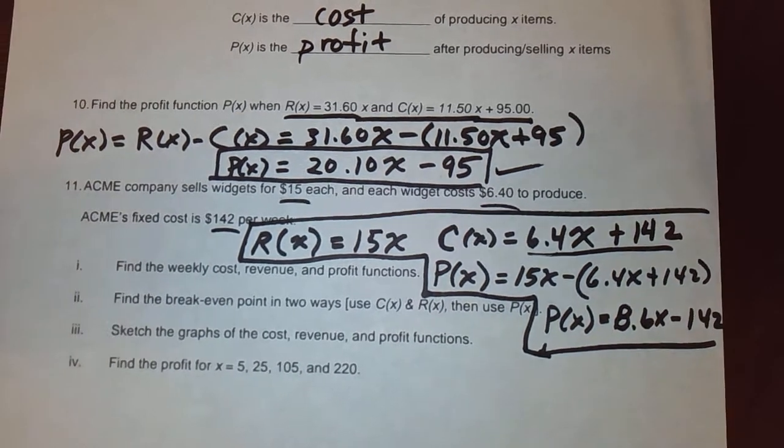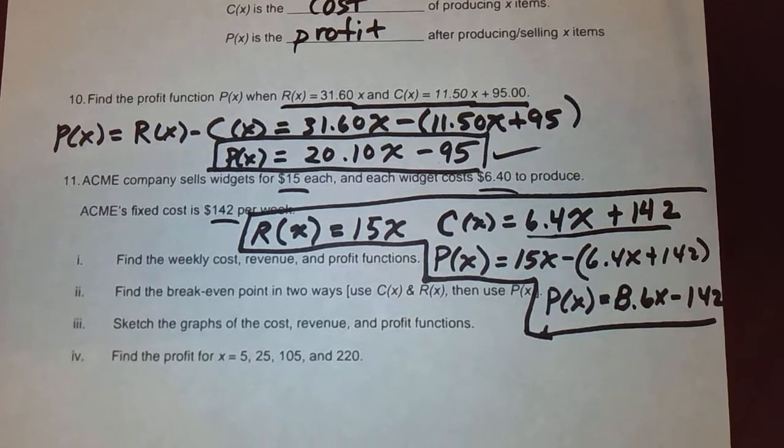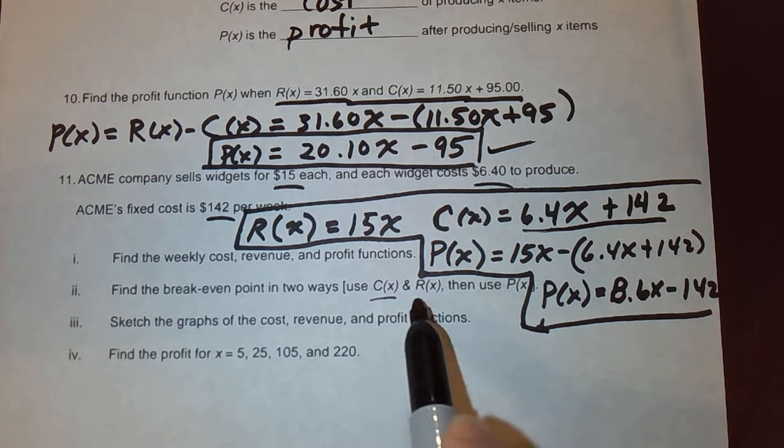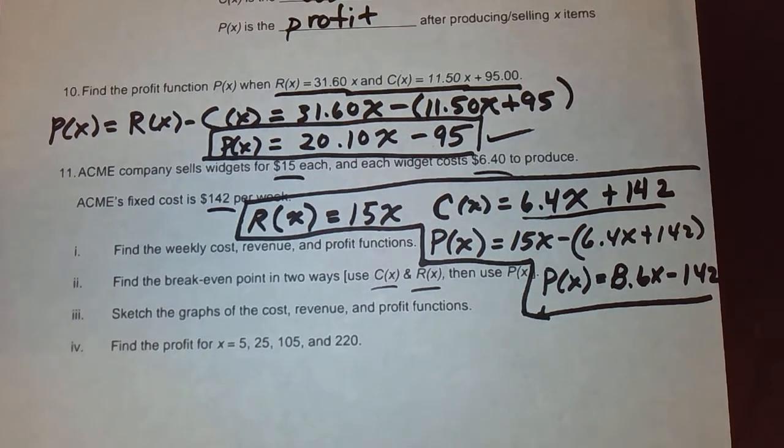All right, number 2 says find the break-even point. And it says to do it in 2 different ways. I think I might just do it in one way and let you do the other. And essentially, we're really doing exactly the same arithmetic either way. And you'll see how close they are. I'll set the cost function equal to the revenue function. That's how I'm going to find the break-even point.